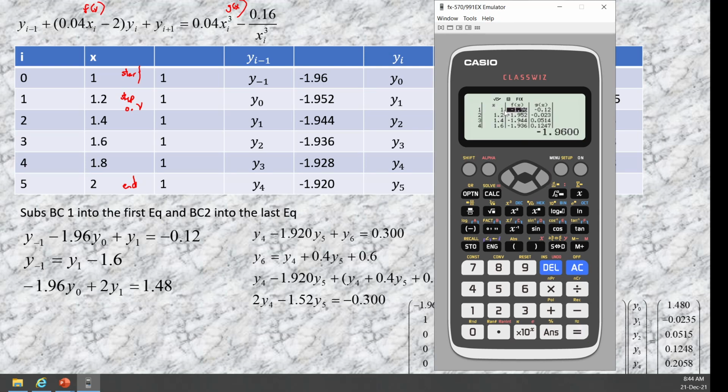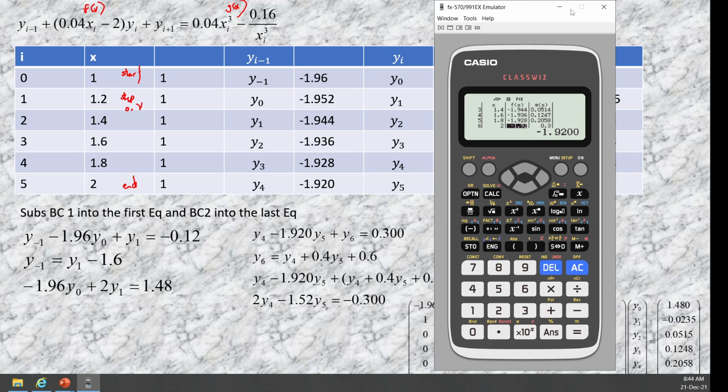So now when x is 1, fx is negative 1.96. The next one is negative 1.952, and then x is 1.4, giving negative 1.944, then negative 1.936, then negative 1.928. The last is negative 1.92.